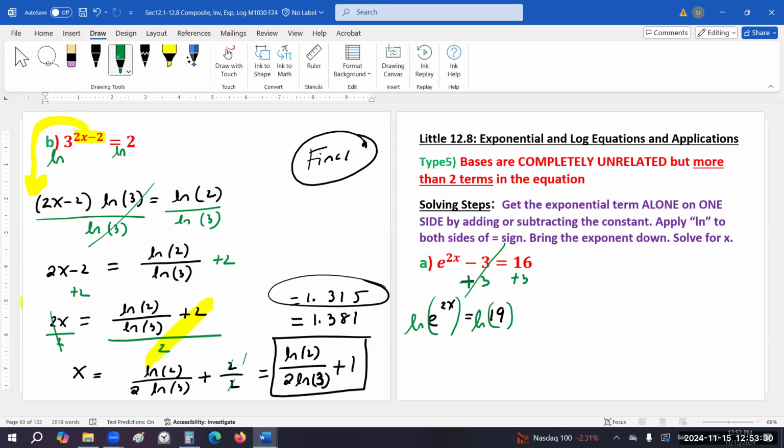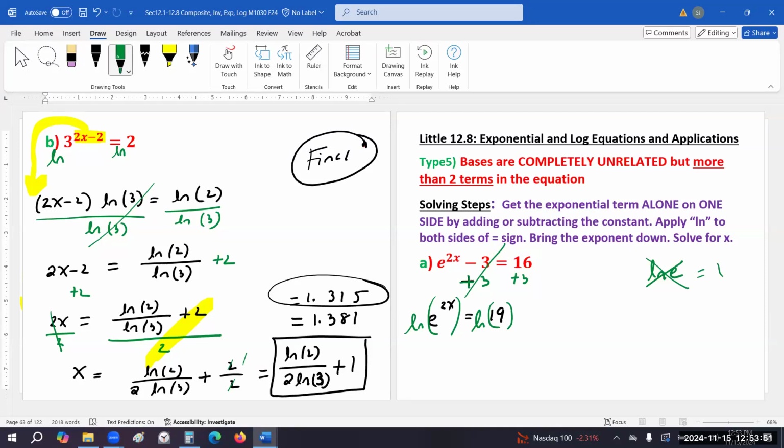Now here, ln and e are enemies of one another. As soon as they get next to one another, they fight so hard that they both die. They become one.